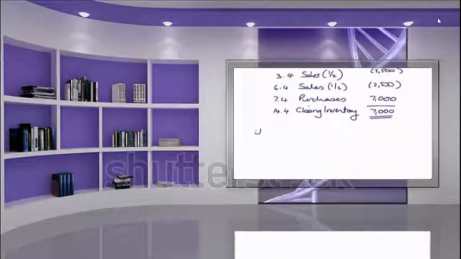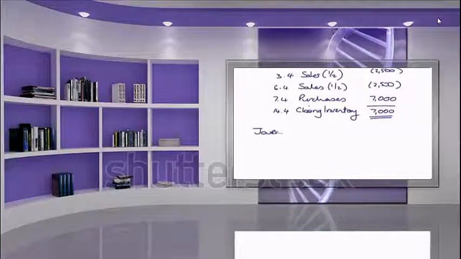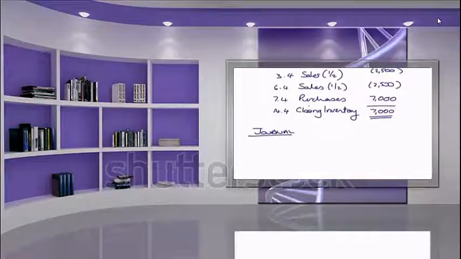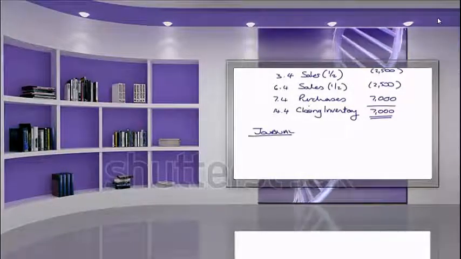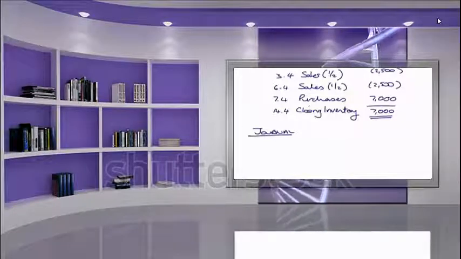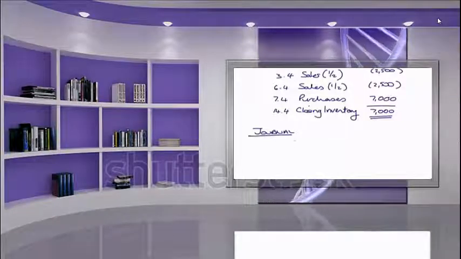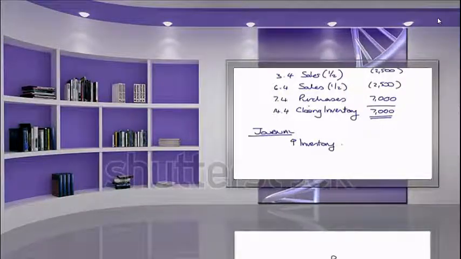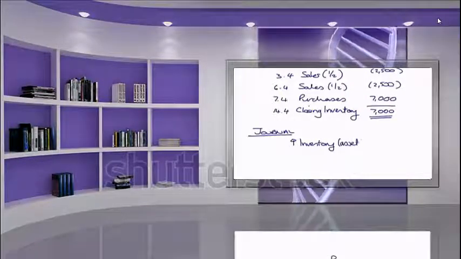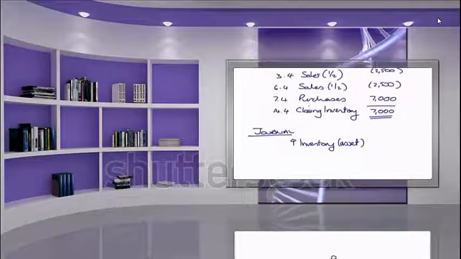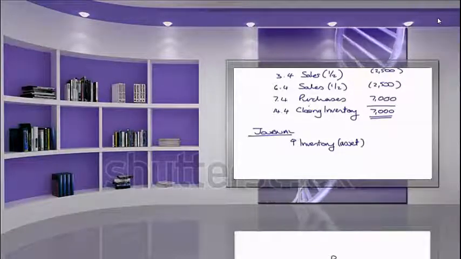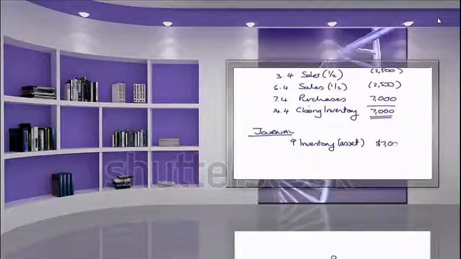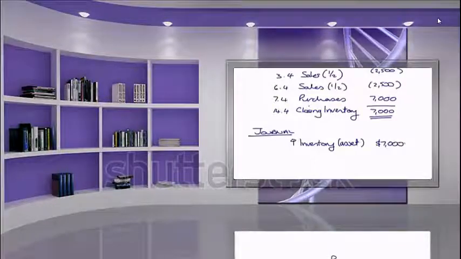So, the physical journal itself. Well, we have an asset of inventory. So we're going to increase inventory asset. Remember, an asset appears on the statement of financial position with that $7,000 valuation.